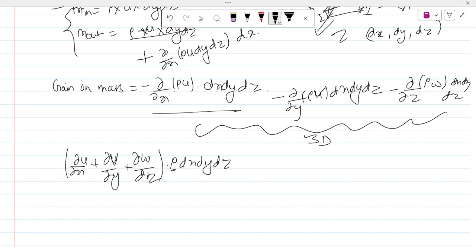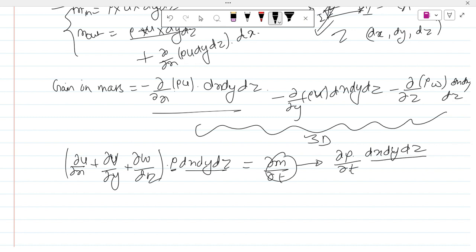If rho is constant, the flow is incompressible and density doesn't change with space. Then this should equal dm by dt. Here dm by dt converts to d of rho times the volume of the small element by dt.